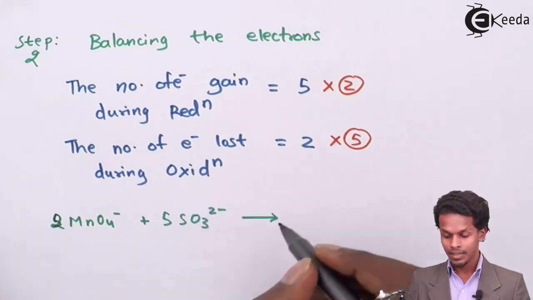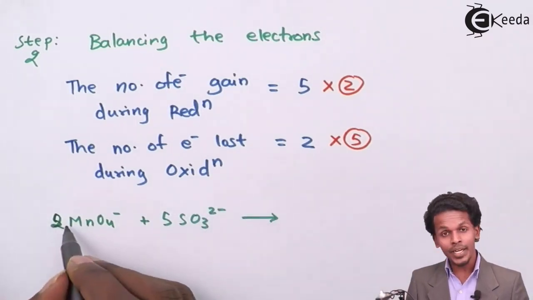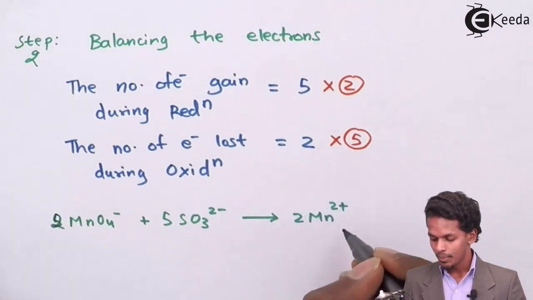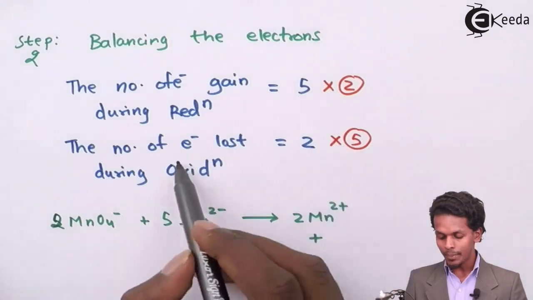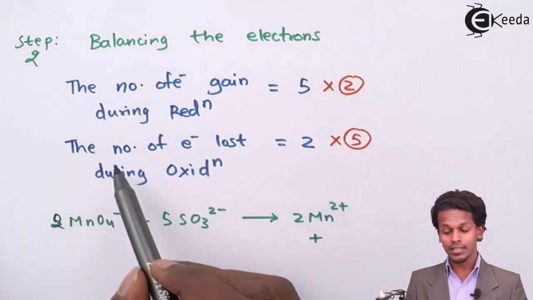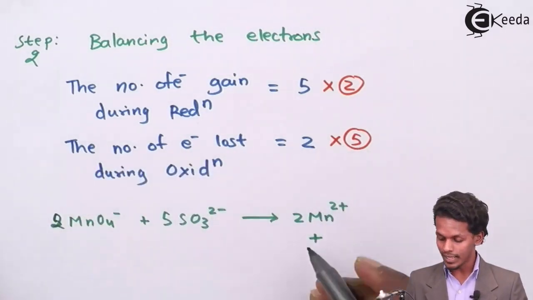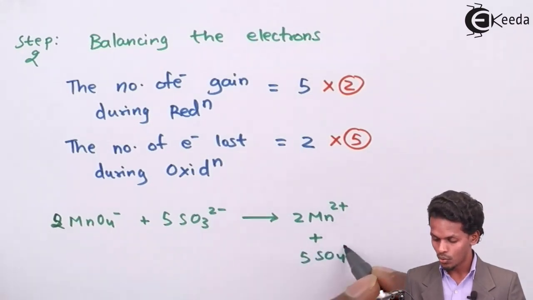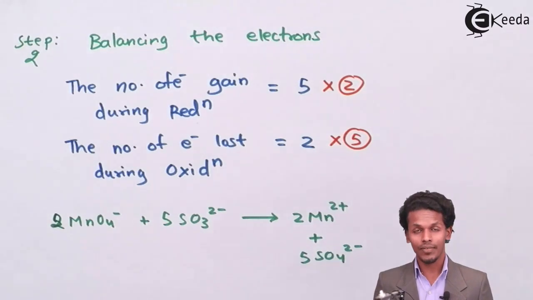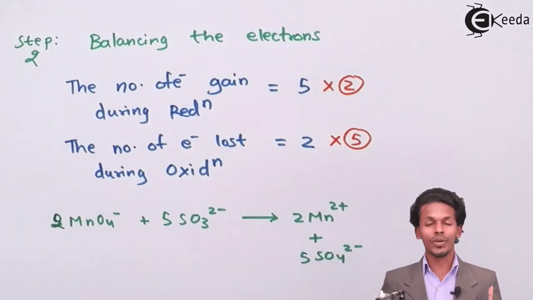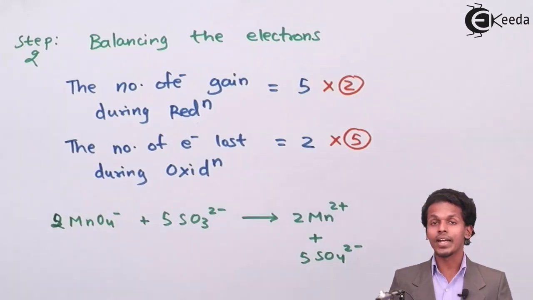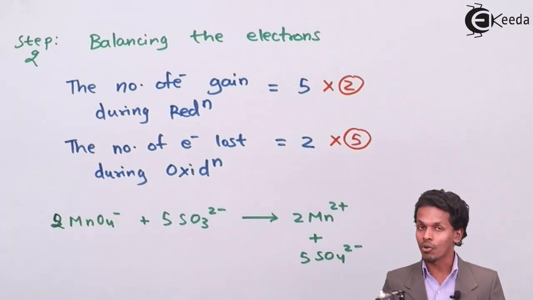That should give us, again Mn is repeating twice, so I would write it 2 times Mn2 plus, because I am multiplying the oxidation by 5, so the answer that I could get for this reaction is 5SO4 2 minus. So this is what we have calculated. This is how we have calculated the number of electrons, and we have balanced it electronically.